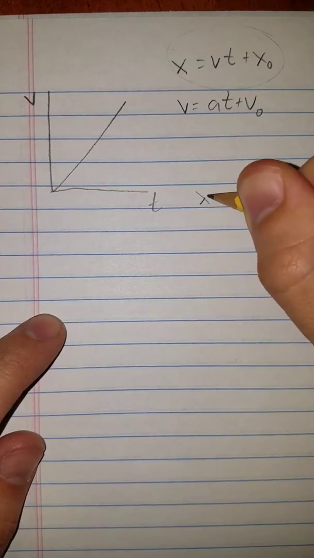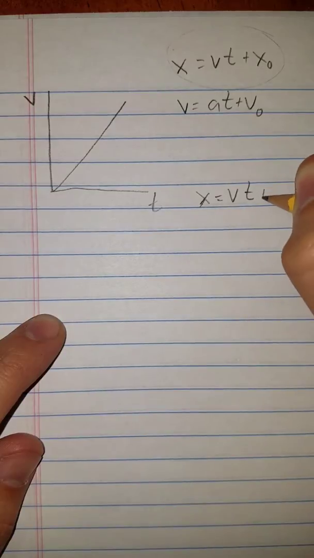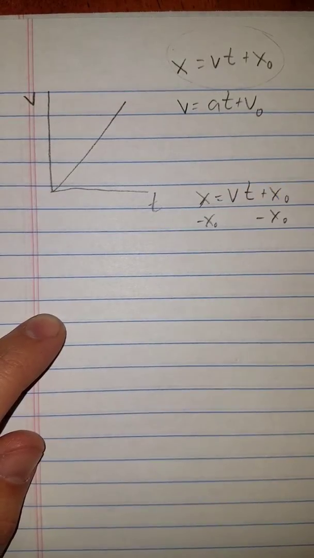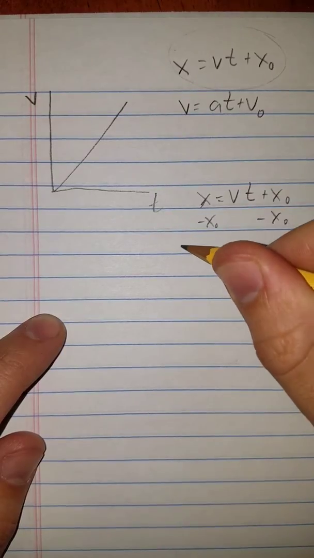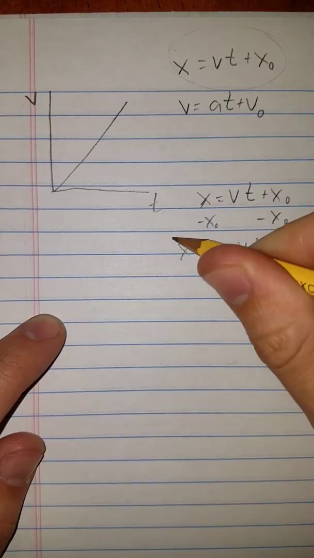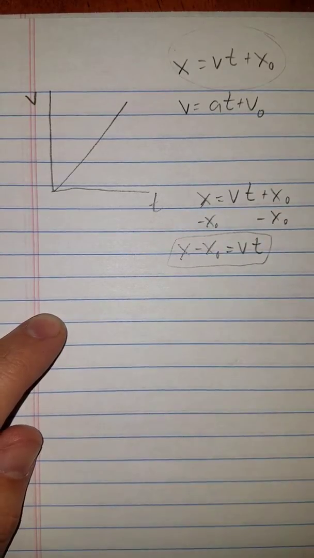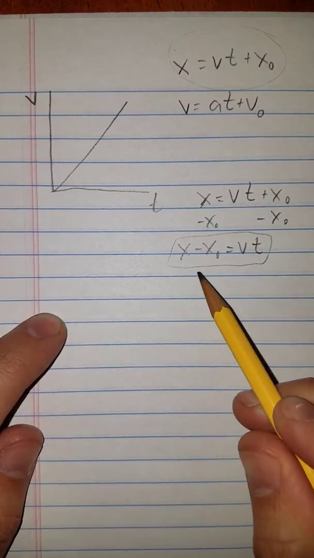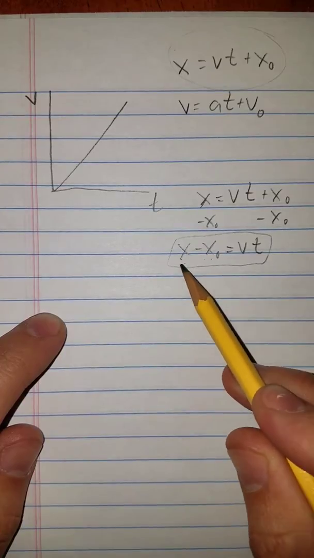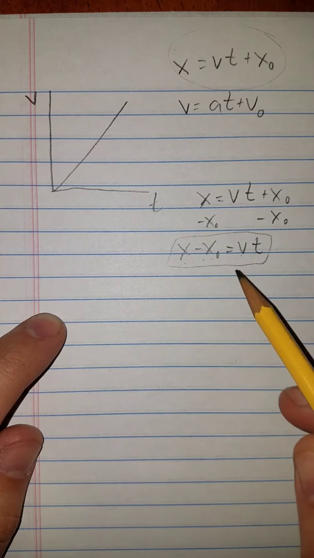We say x equals vt plus x naught, and I'm going to subtract x naught from both sides, and I get x minus x naught equals vt. Now that equation tells us that the change in position, our final position minus our initial position, which is displacement, equals velocity times time.